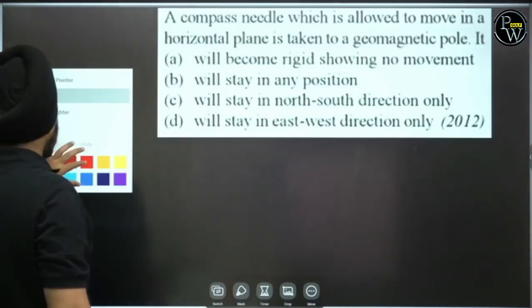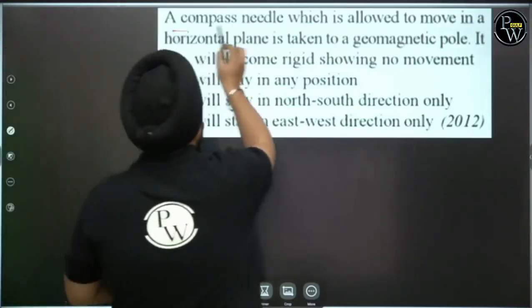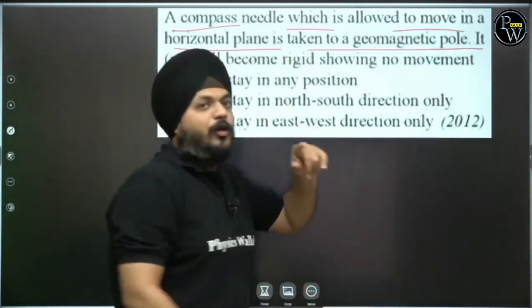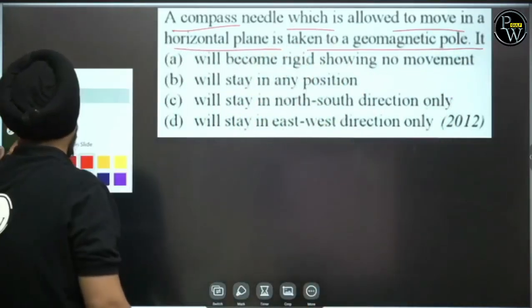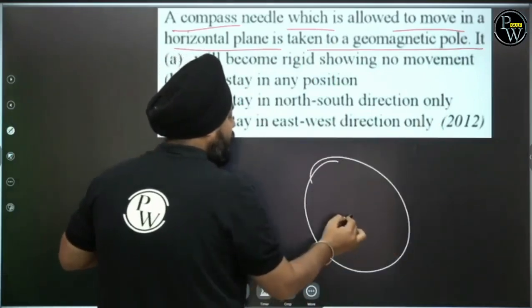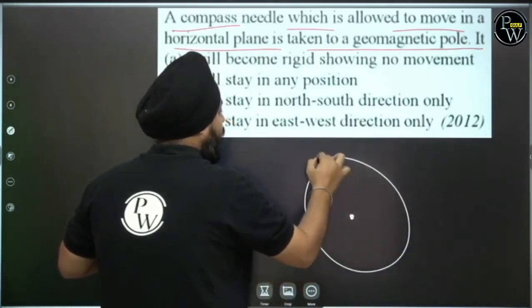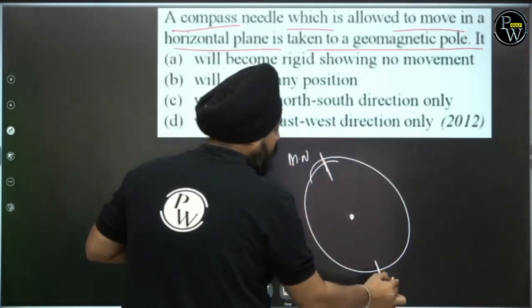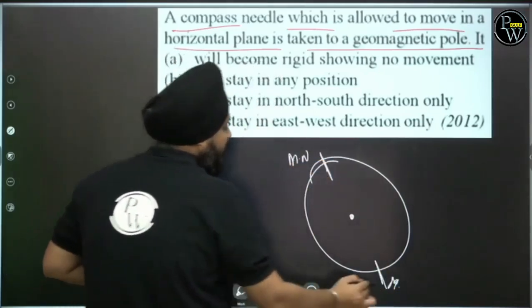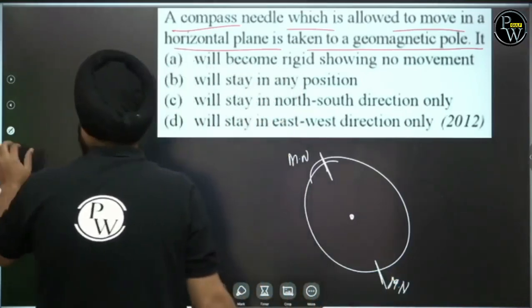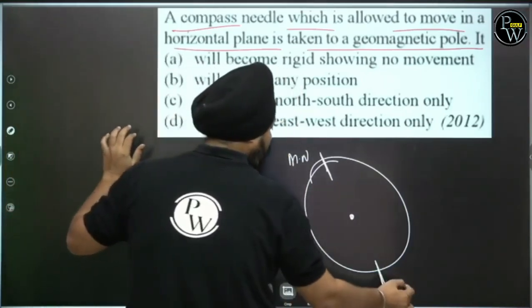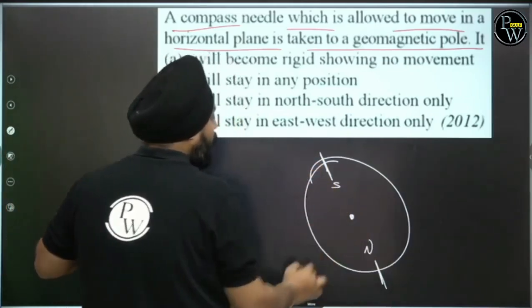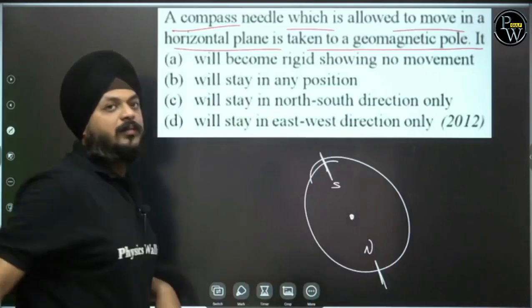A compass needle, which is allowed to move in the horizontal plane, is taken to the geomagnetic pole. This is the earth, this is north and this is south, and these are the magnetic poles.